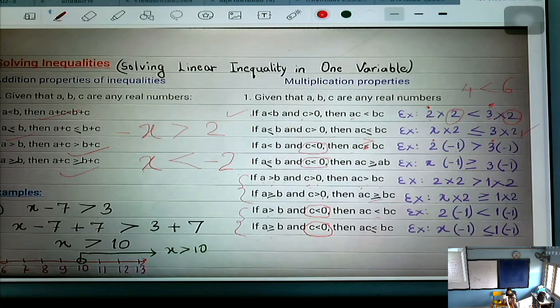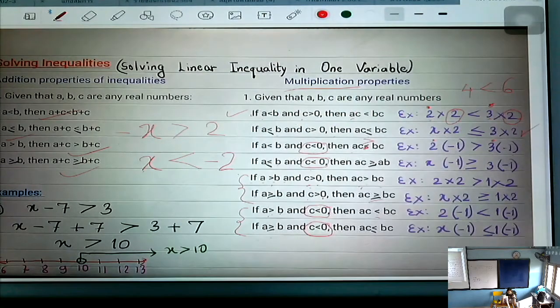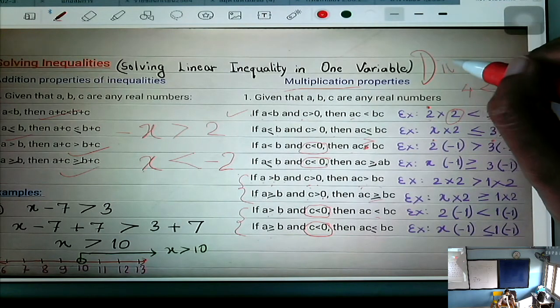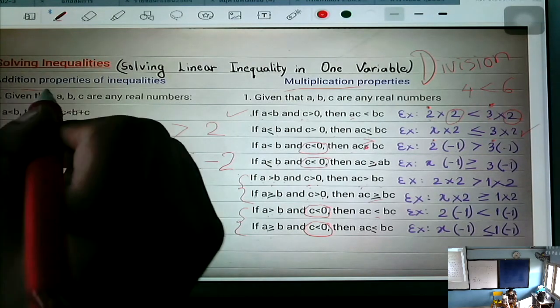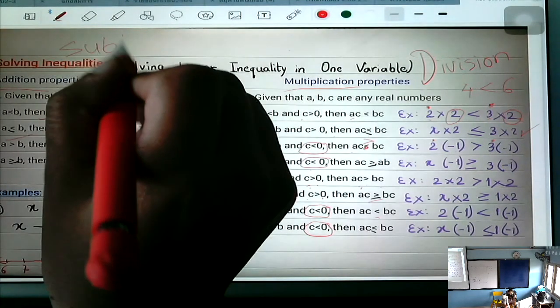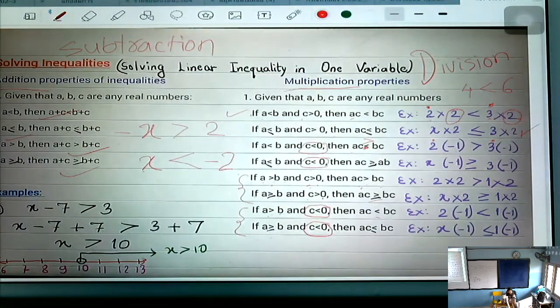And one more thing you have to understand: the multiplication properties also apply to division, right? And addition also applies to subtraction.